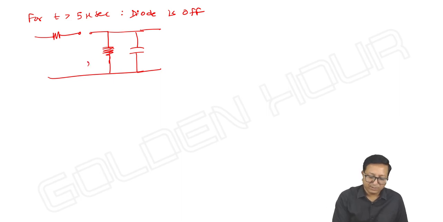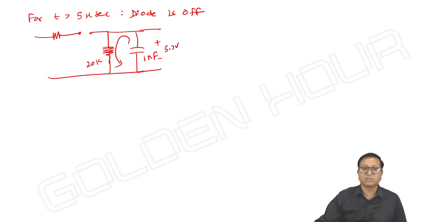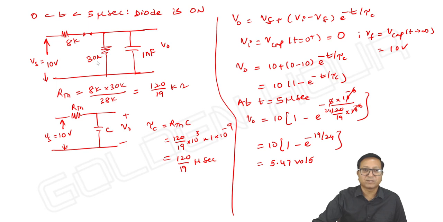It is 30 kilo ohm and it is 1 nanofarad, 5.47 volts. So the capacitor starts discharging through this 30k.